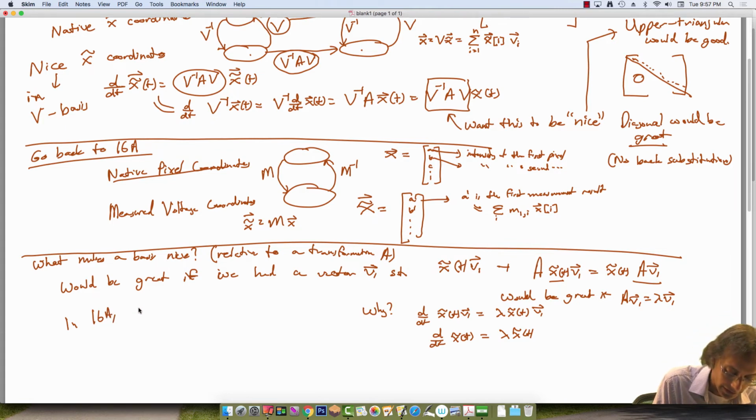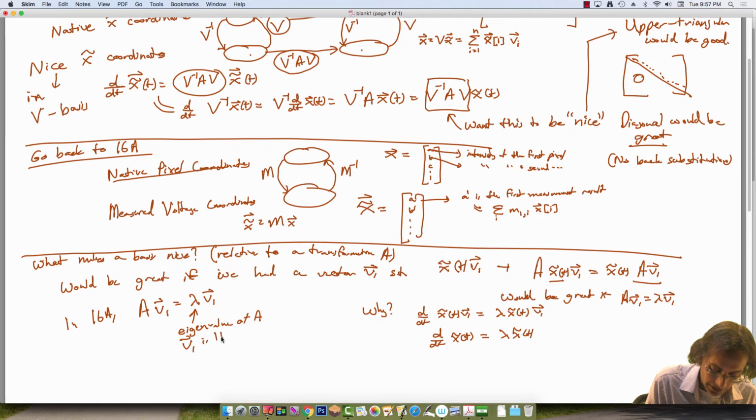you learned that when you have a matrix A and you find a vector v1 such that A v1 is just equal to some scalar times that same vector, then this scalar is called an eigenvalue of A, and v1 is the corresponding eigenvector.